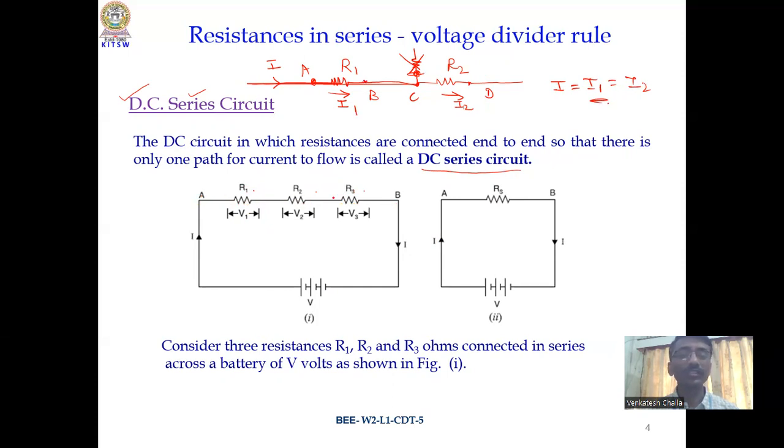This total series connection between A and B is connected to a voltage V, so we are connecting a battery across terminals A and B. Now, when there is a closed path formed and potential difference is existing, current starts to flow. Let the current coming out from the battery be I. This I flows through this wire and then to resistors R1, R2, R3. So the same current is flowing throughout. This is called series connection, and as there is a closed path, it is called a series closed connection.